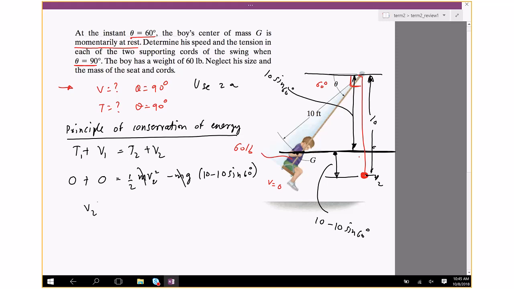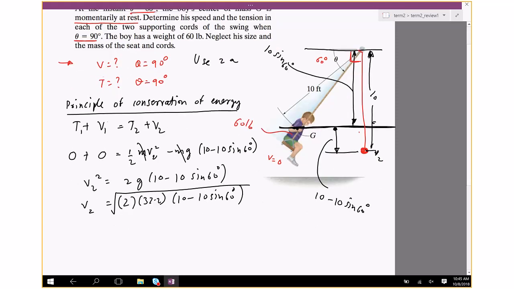V2 squared equals 2g times 10 minus 10 sine 60 degrees, with g equal to 32.2. So V2 equals 9.289 feet per second.